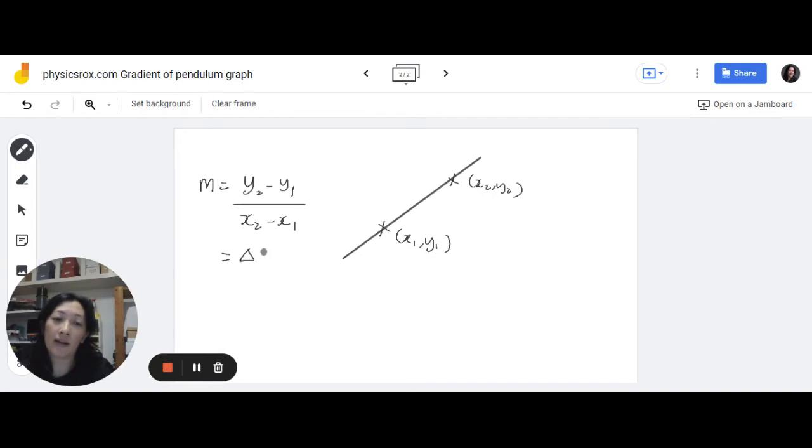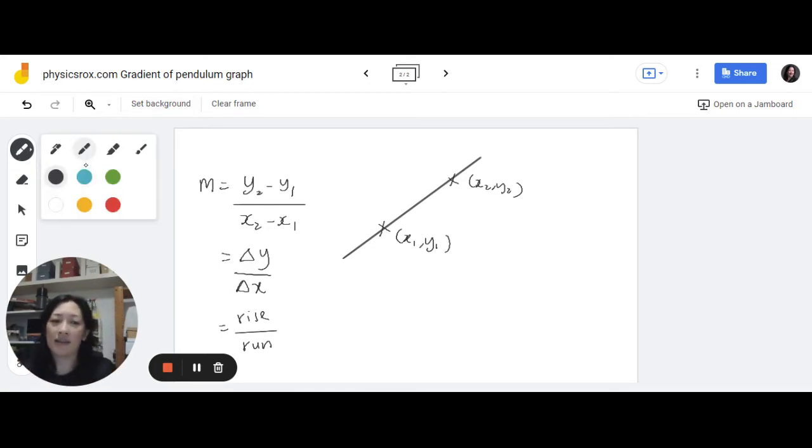Sometimes we write it as change in y over change in x, or difference in y over difference in x. Some students learn it as rise over run, which is quite cute and fun, and it works perfectly fine as well.